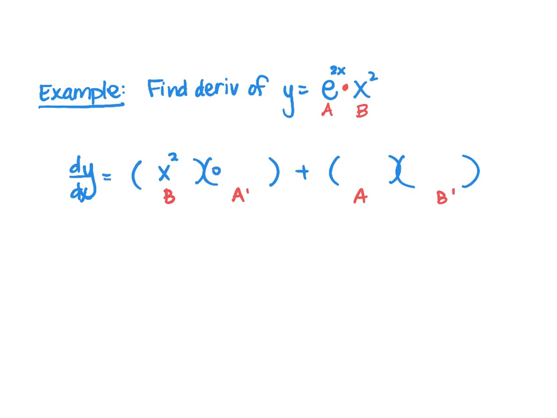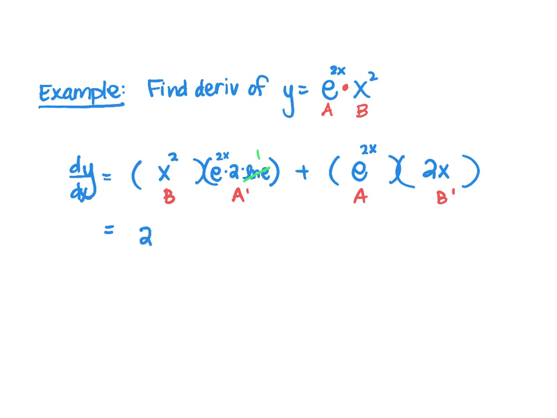So you'd have e to the 2x times the chain rule of 2 times the natural log of e. And then you'd have your a part, which is just the e to the 2x part, and then your b prime, which is 2x. So let's clean all this up, remembering that the natural log of e is 1.